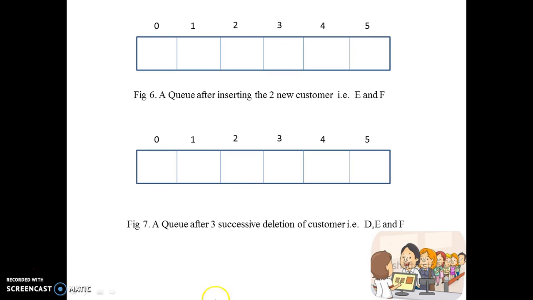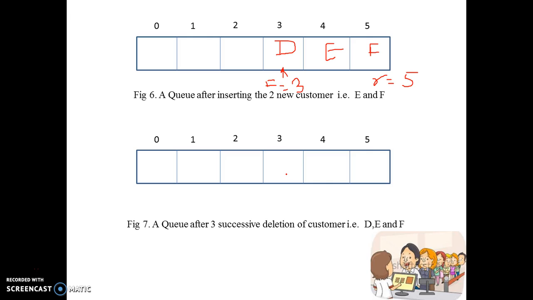After deletion, we can insert 2 new elements, that is E and F. The front will remain same, that is 3, and rear becomes 5 because we insert 2 new elements. The counter of rear is incremented by 2.